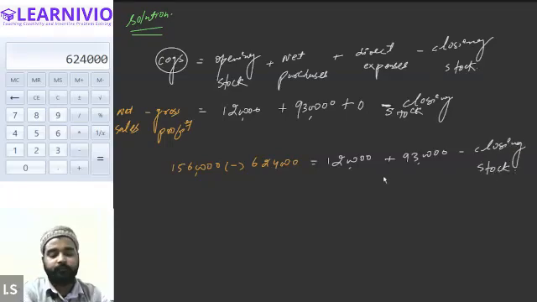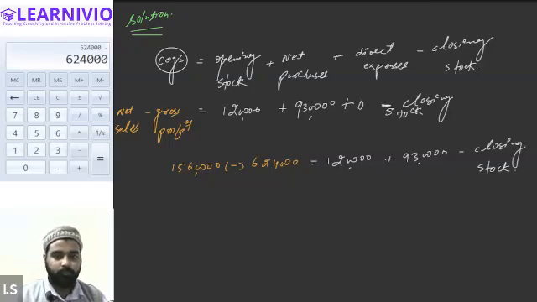Any doubts till this point, Alexander? No, sir. Okay. Now we will reduce 6,24,000 from 15,60,000. On the left side of the equation, we will get 9,36,000.